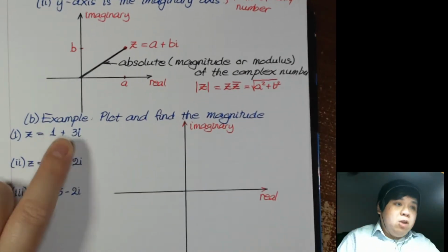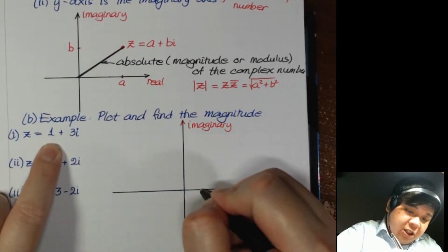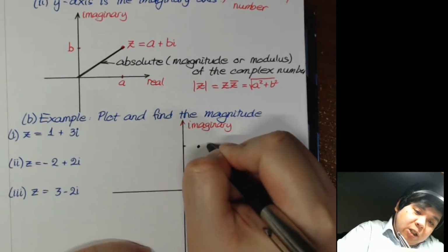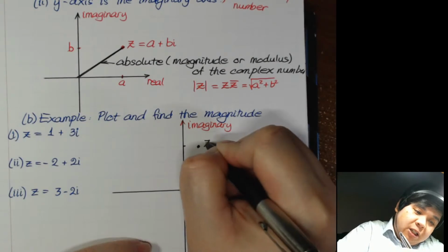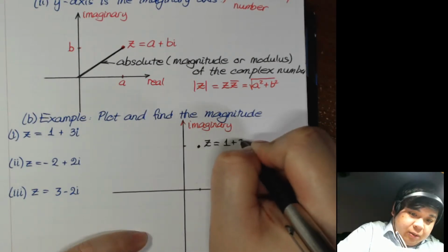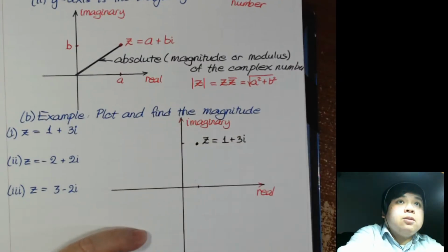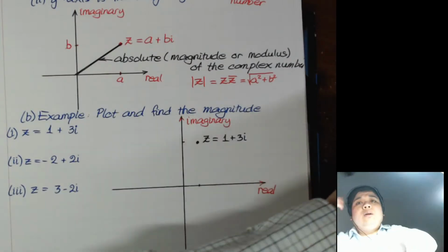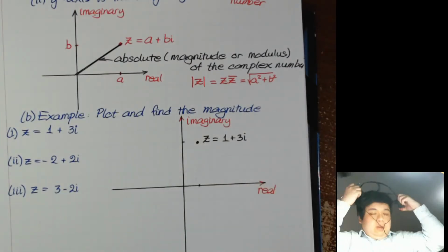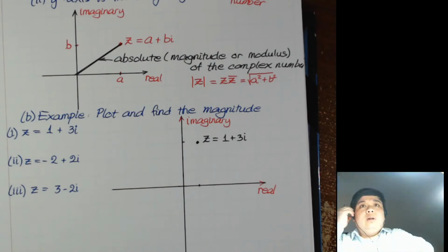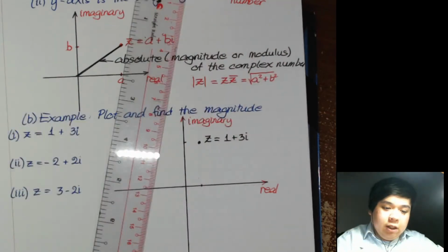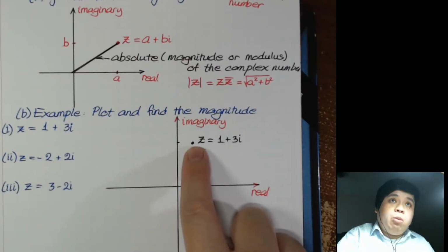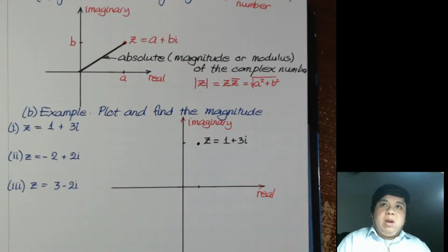So where we have 1 plus 3i, 1 on the real axis and 3 on the imaginary. So this is z equal to 1 plus 3i. And so the point is on the complex plane.